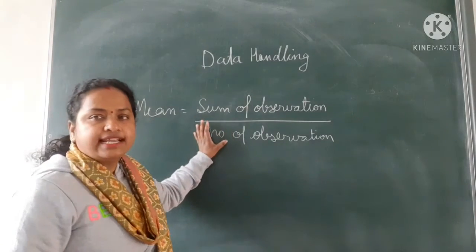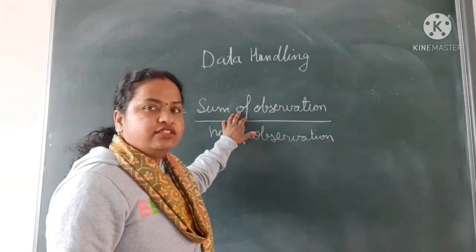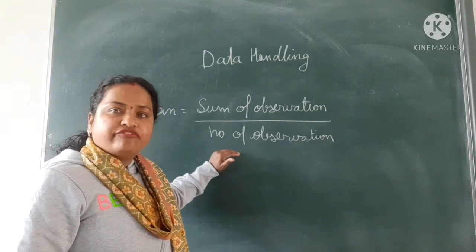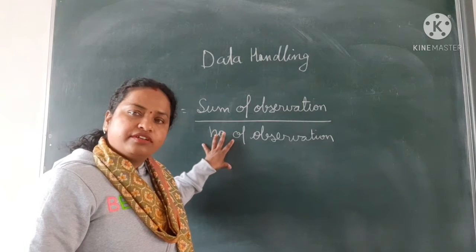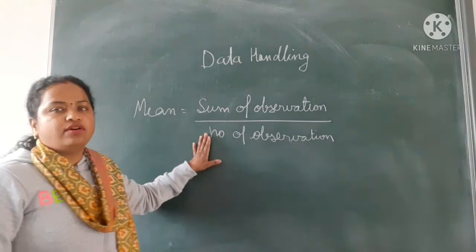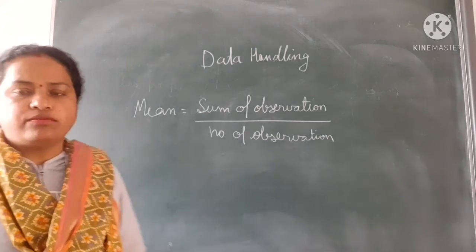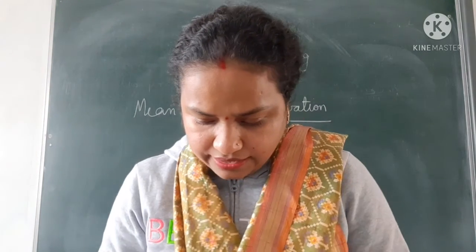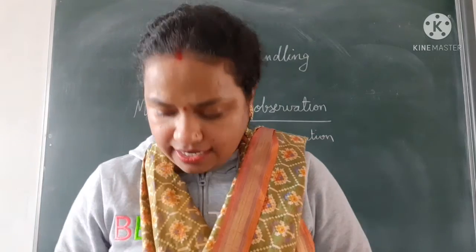Suppose 5 numbers are there, so you add up the 5 observations in the numerator and divide by 5. So what is mean? Sum of observations upon number of observations. Then your exercise will start.